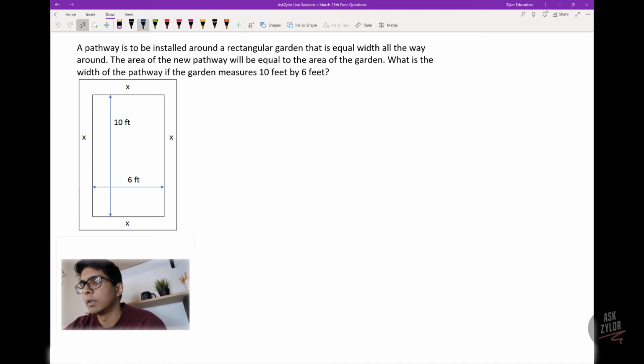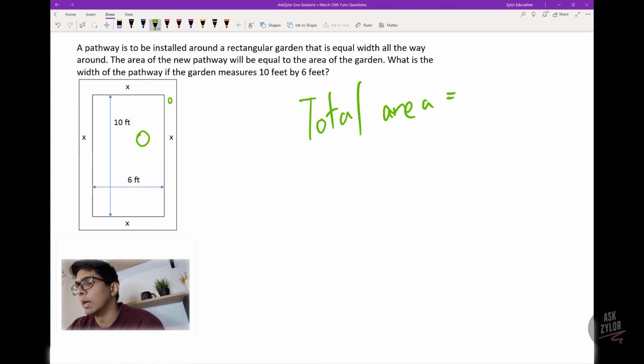So that means the area inside is the same as the area outside. So my total area is going to be twice the area of the inside, right? So I have 10 times 6 times 2. So I have 120 feet squared.